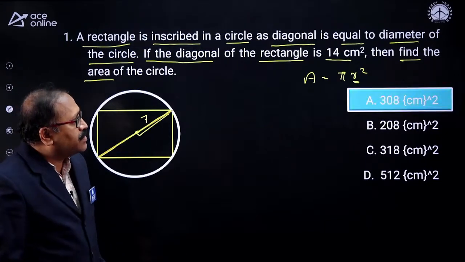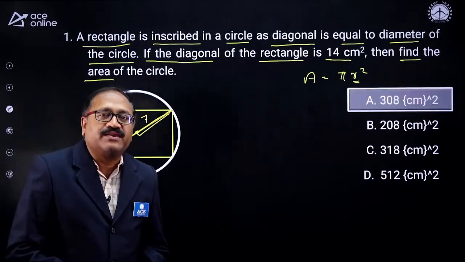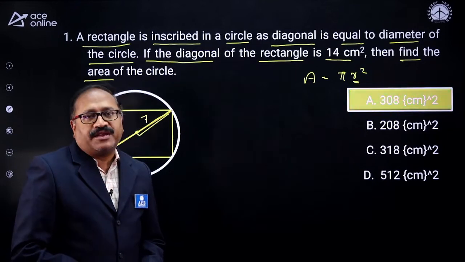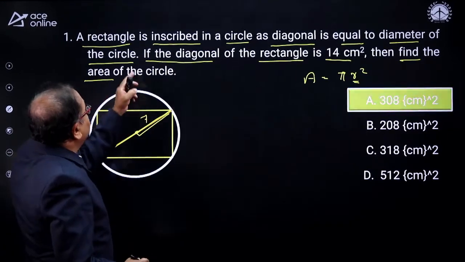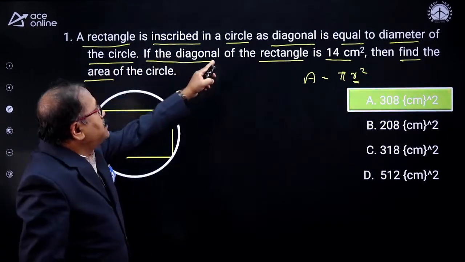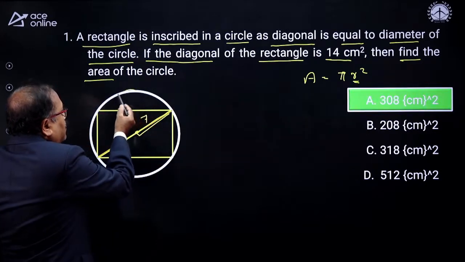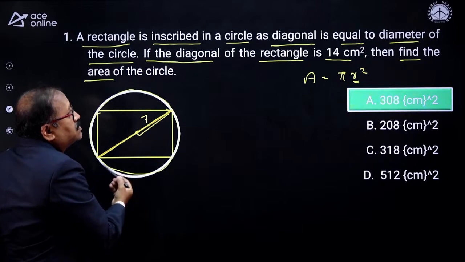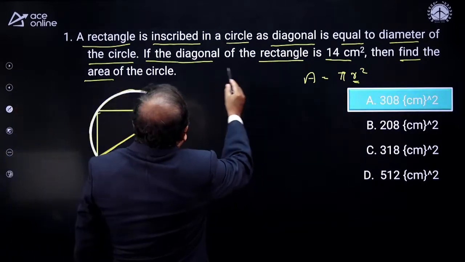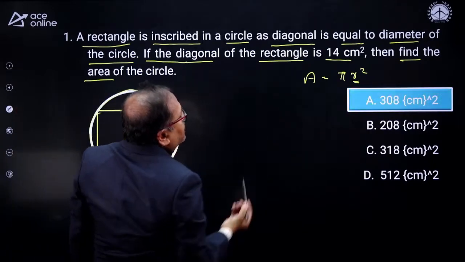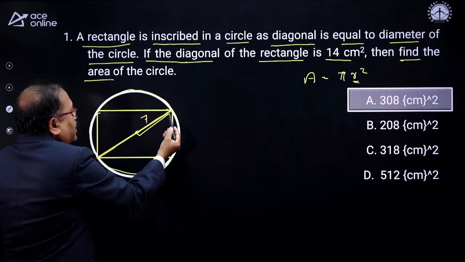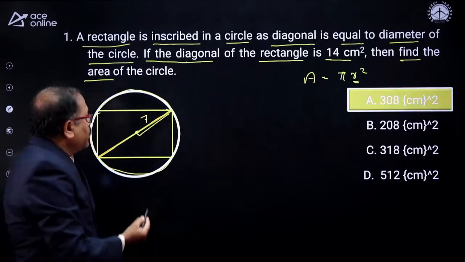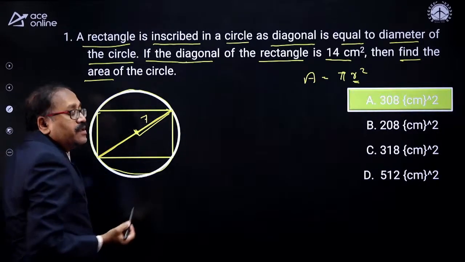Ram says 512. It's not 512, Mr. Ram. It is 308. The question says that a rectangle is inscribed inside the circle. This is the circle, a rectangle is inscribed, and the diagonal of the rectangle is 14. If the diagonal is 14, then obviously the radius will be 7.